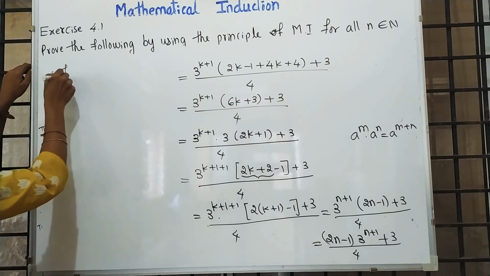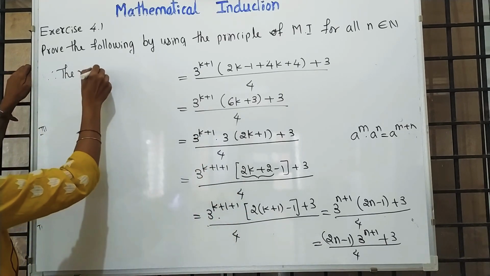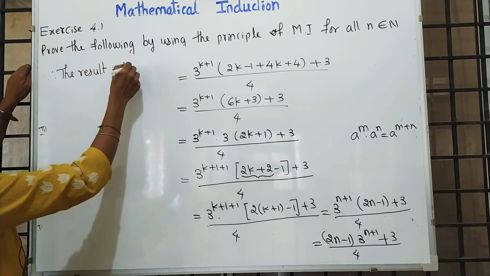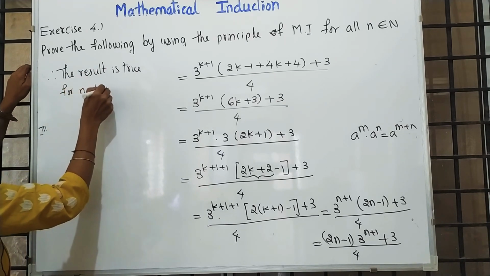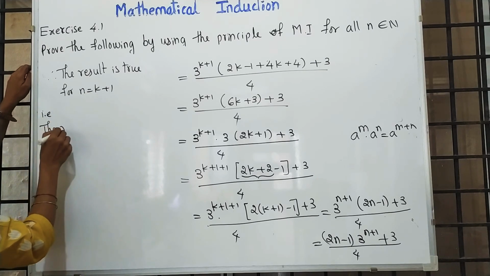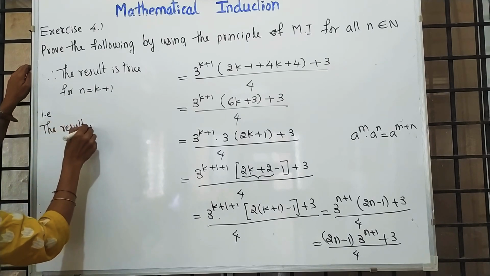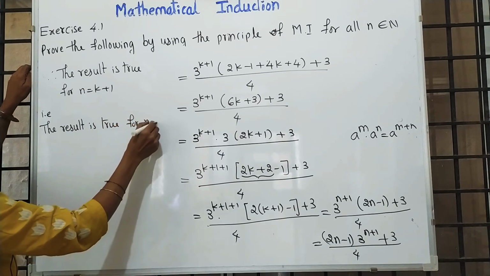Therefore, actually below you have to write, there is no place here, I am writing here. The result is true for n is equal to k plus 1. That means what we proved? The result is true for n is equal to 1.